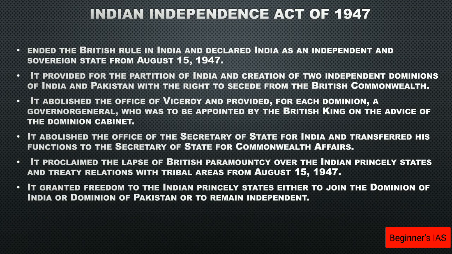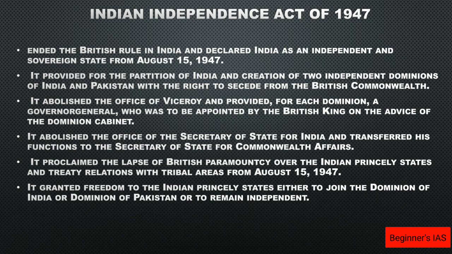It proclaimed the lapse of British paramountcy over the Indian princely states and treaty relations with the tribal areas from August 15, 1947. And also, it granted freedom to the Indian princely states, which means either to join the dominion of India or the dominion of Pakistan according to their wish.